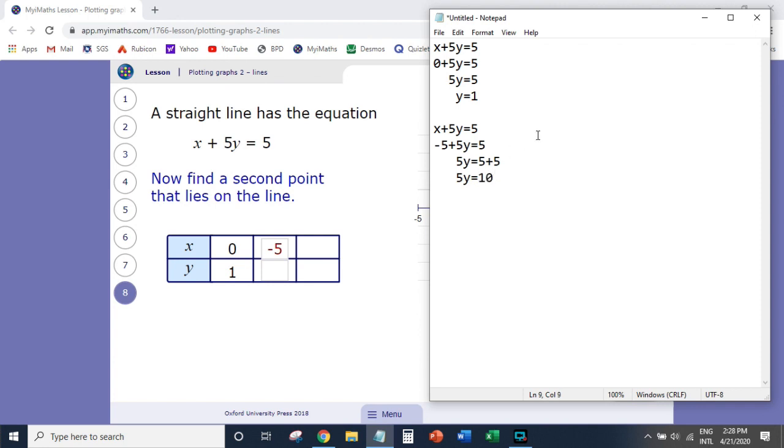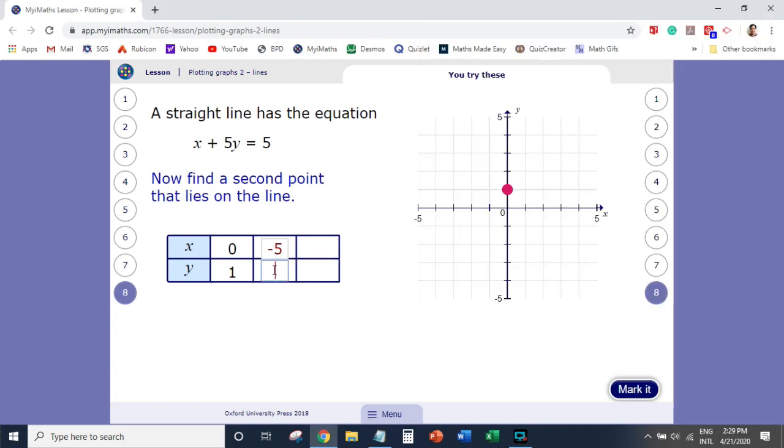And then we have to divide both sides by 5. Divide by 5 here, and also divide by 5. 5 divided by 5 is 1 to eliminate the 5, so that only y will remain here. And 10 divided by 5 is 2. So y equals 2. So if x is -5, our y equals +2.